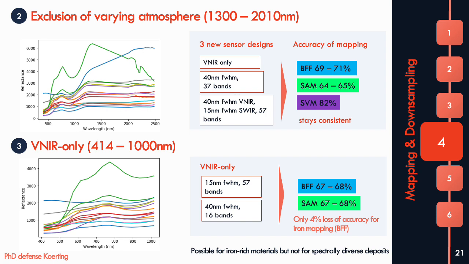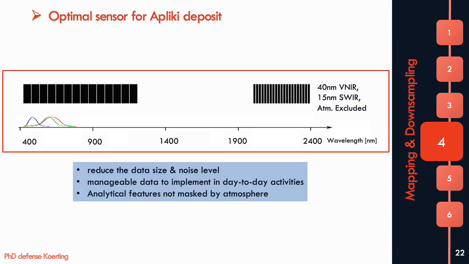So that's why I went with my optimal sensor for my Apliki deposit, which is a copper deposit dominated by alteration mineralization. And this optimal sensor is of 40 nanometers in the Venier, 50 nanometers in the sphere, with the excluded atmosphere.